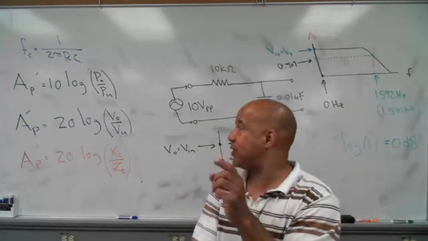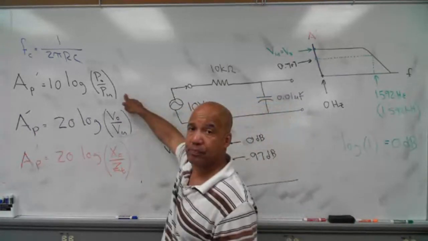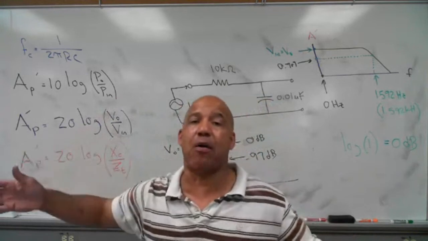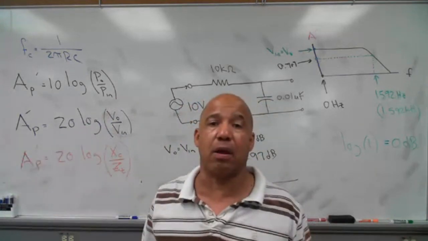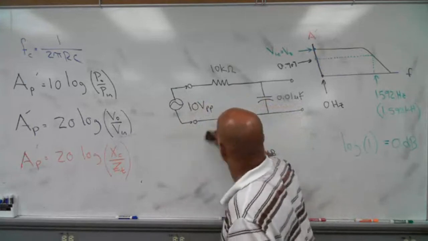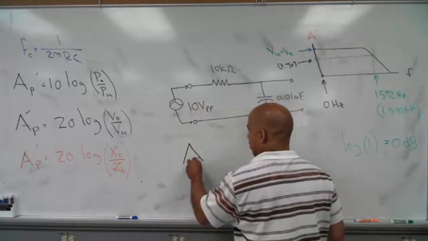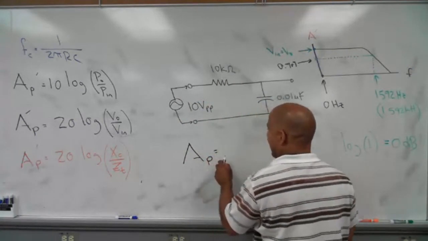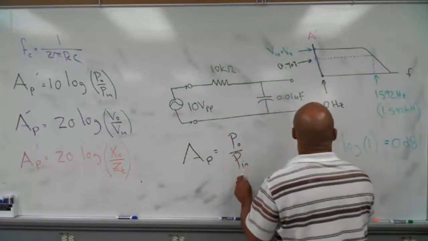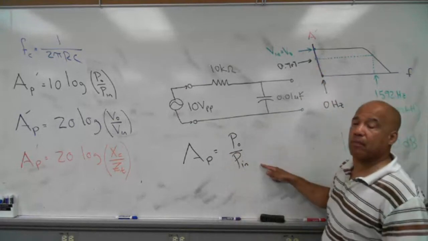So what you could do is this. In my tools over here, I can go right here. The power gain. Now I haven't calculated any powers. I don't know what the powers are. All I know for my power gain is that P out over P in, at that point that ratio is equal to what?